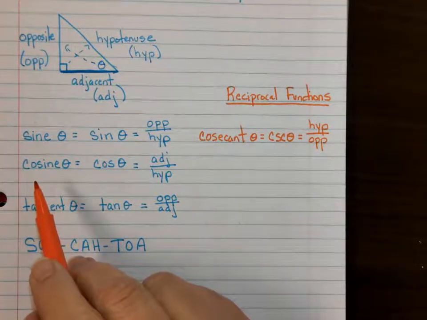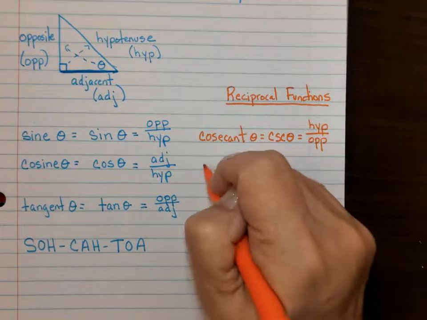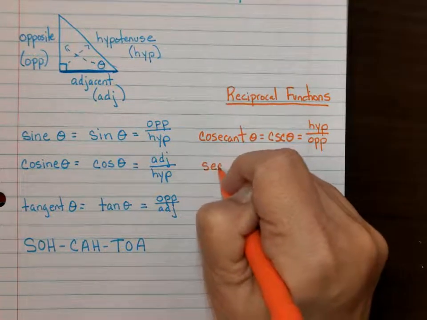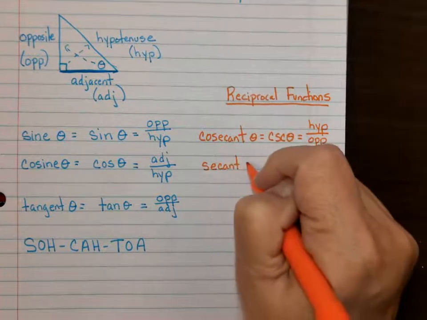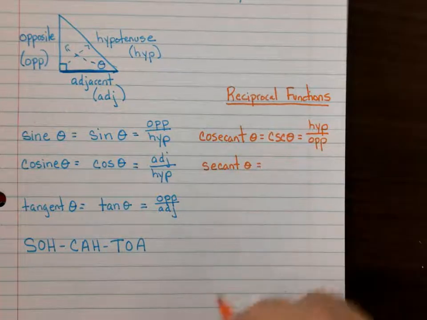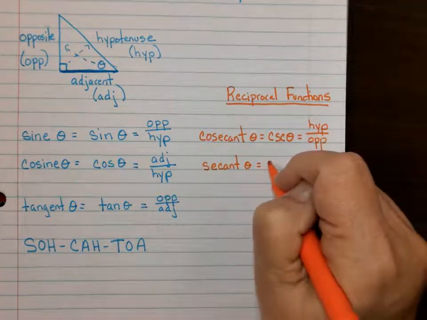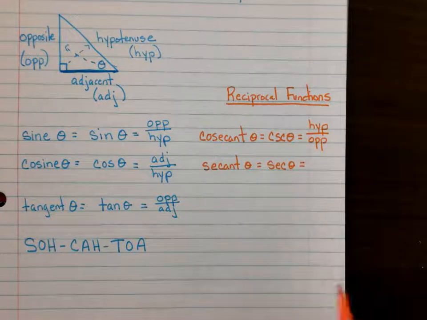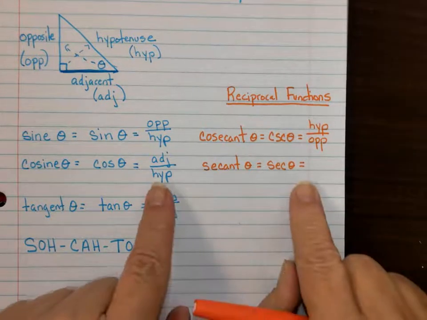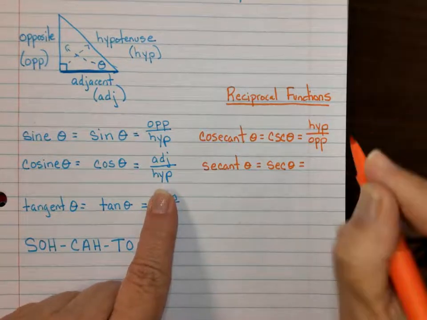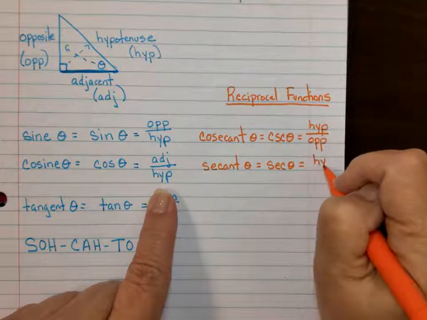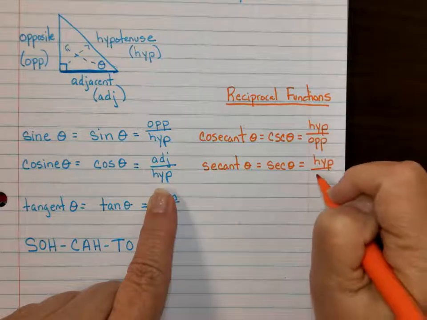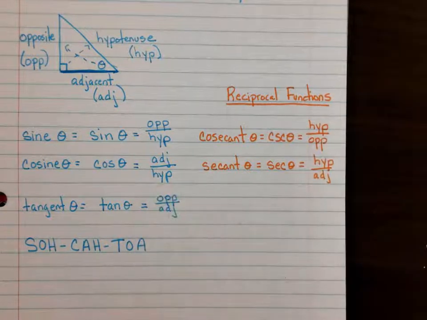So the reciprocal of cosine is the secant function, secant of theta. We're going to abbreviate that SEC, secant of theta. And that is the reciprocal of the cosine. So that is the hypotenuse over the adjacent side.